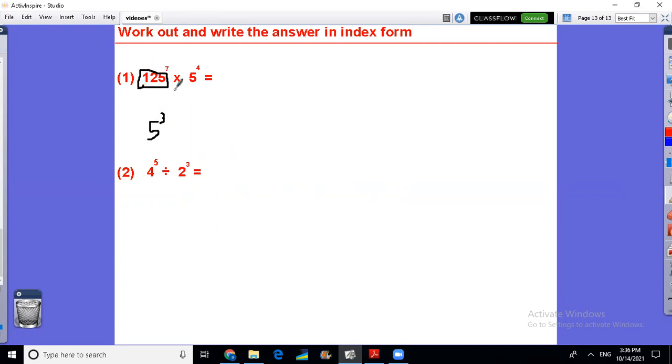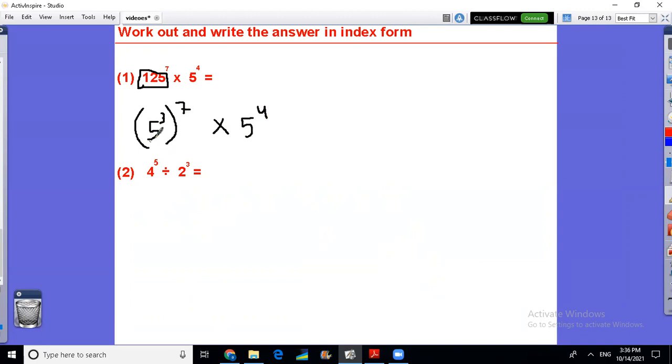Okay, mister, I don't want only 125. I want 125 to the power of 7. No problem. We said 125 is 5 cubed. So I'm going to take the 5 cubed and make it to the power of 7. Multiplied by 5 to the power of 4.